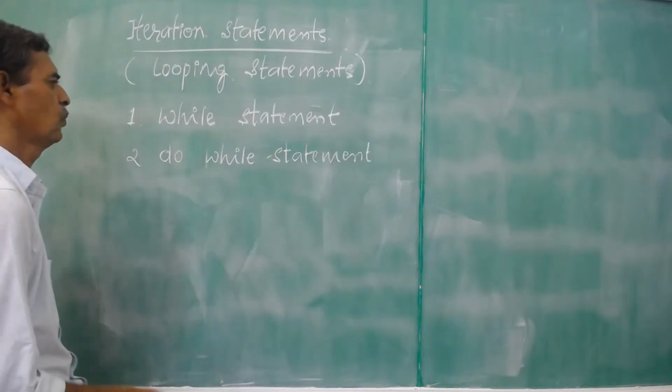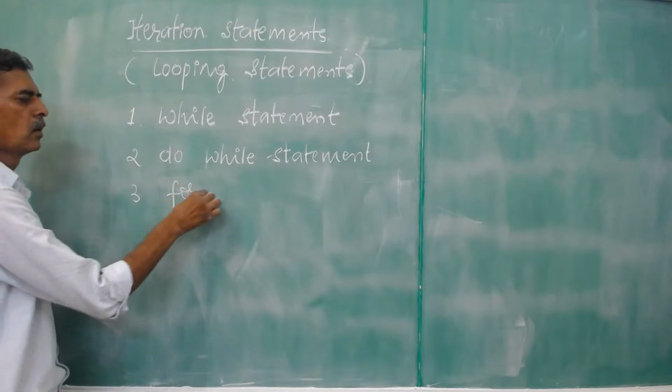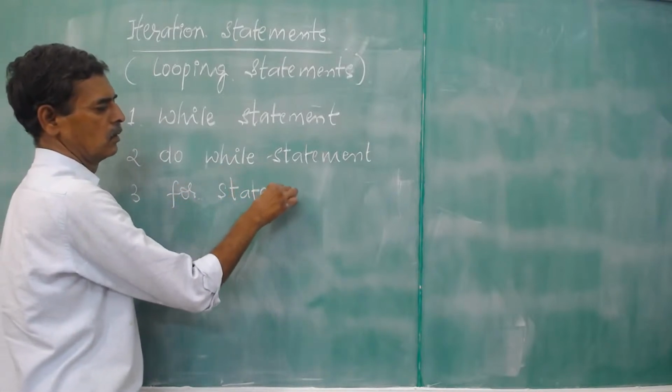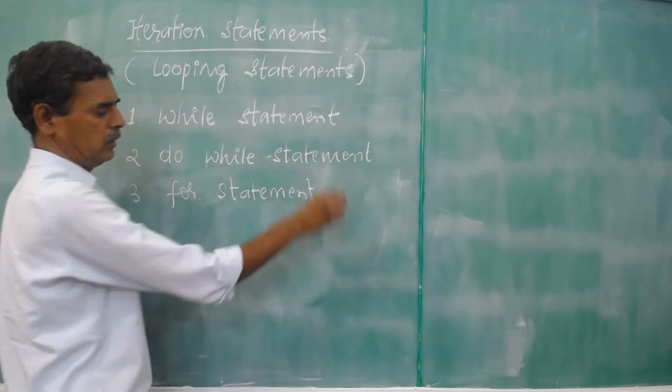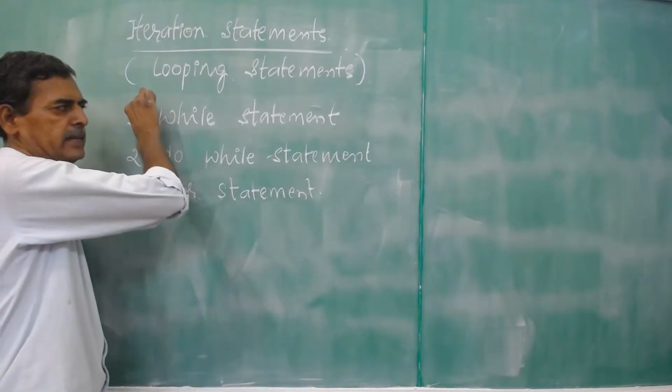Third one is for statement. Okay. So we'll discuss one by one. First, we'll discuss the while statement.